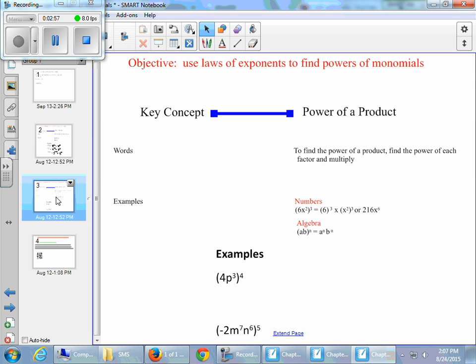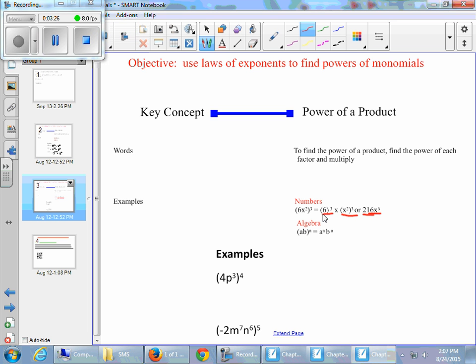We have our 6, so we have 6 to the third power, and then we have our x squared to the third power. 6 to the third power, we end up with 216. Then x to the second, parentheses to the third power. Once again, you multiply the 2 times the 3, that gives you x to the 6th. So you end up with 216x to the 6th power.